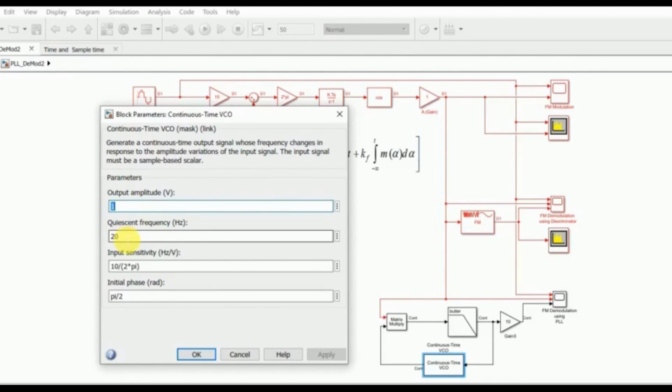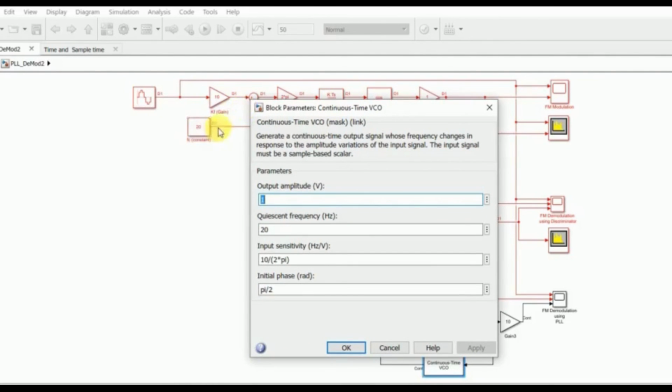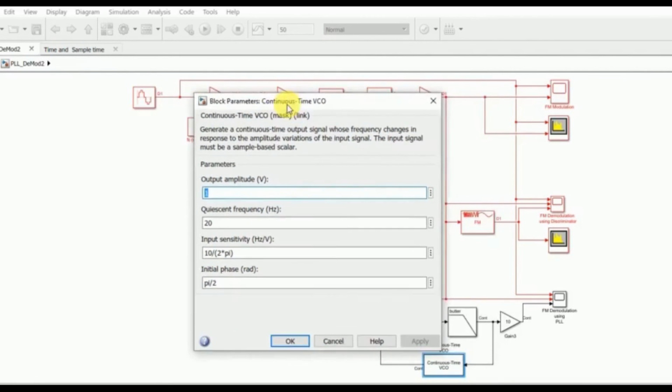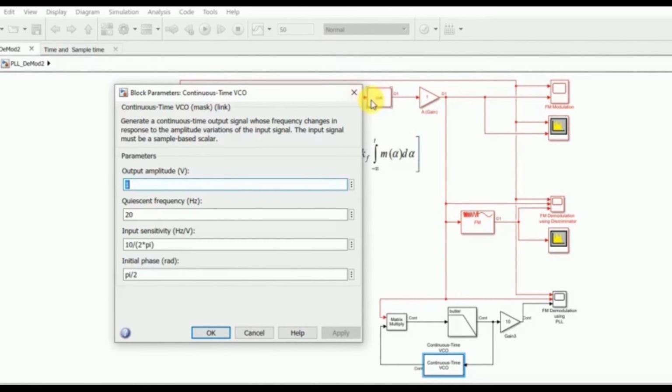The free running or quiescent frequency is 20. This is in accordance with our original carrier frequency of the modulated signal, FC, which is 20, and the sensitivity parameter is 10 by 2 pi, in accordance with our original gain KF, and then there is an initial phase difference of pi by 2. So if we have a cos function here, we would have a sine function at the instantaneous frequency, which is the output of a VCO, right?